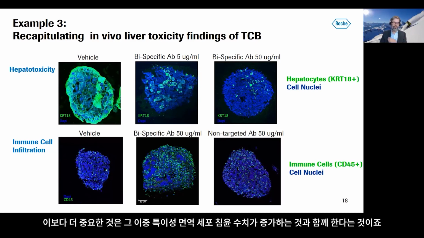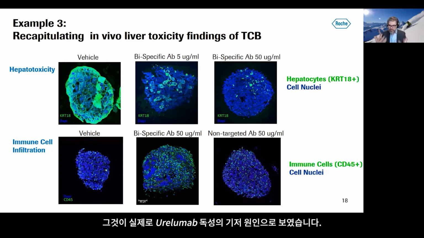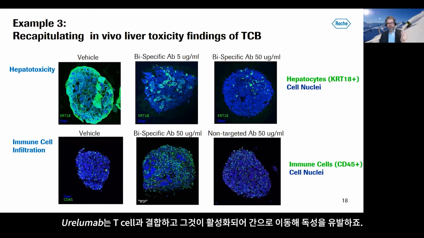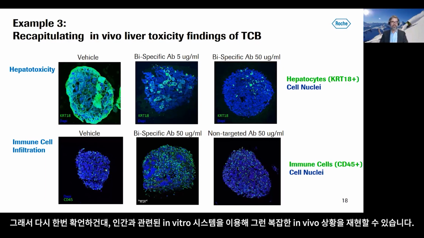What was even more important to see is that with increasing concentrations of that bispecific, we saw immune cell infiltration. And that seemed to be the underlying cause of urelumab's toxicity, that urelumab would bind to T cells, they would get activated, and they would migrate into the liver and there cause toxicity. So again, I'm confirming that we can recapitulate such a complex in vivo situation using a human-relevant in vitro system.